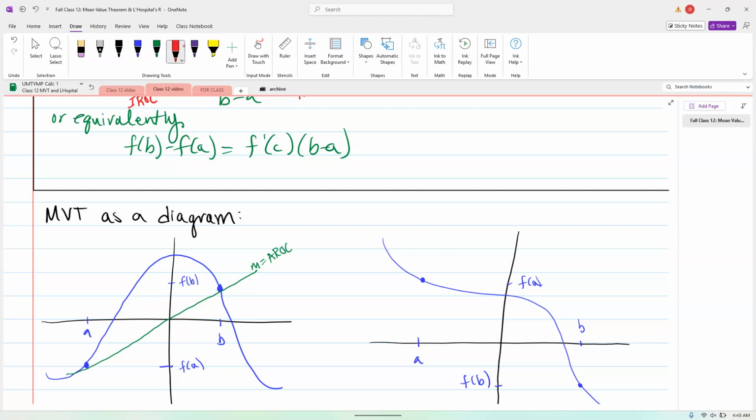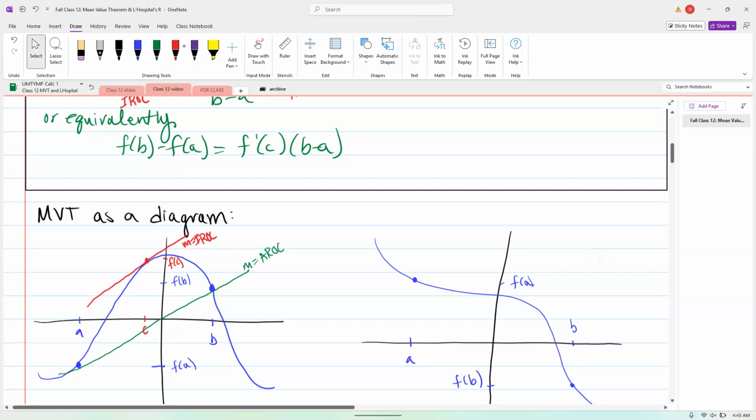Let's see, maybe about there. So c is your x value, go up and you'd find f of c. The derivative at c would have that same sort of slope. So this would be m, which is your instantaneous rate of change. But those two m's are the same.